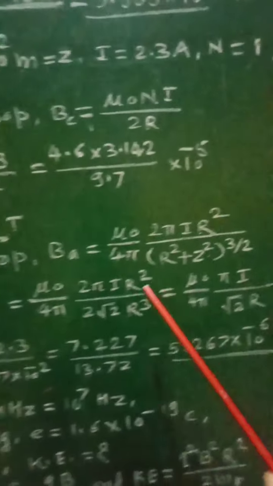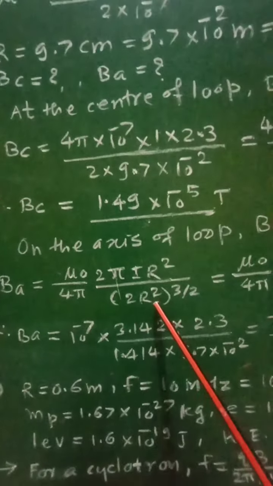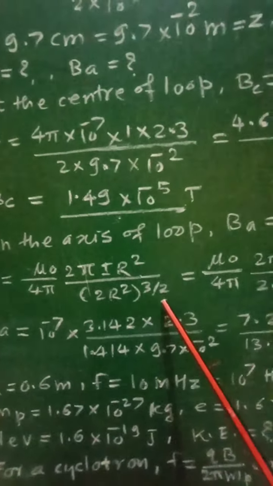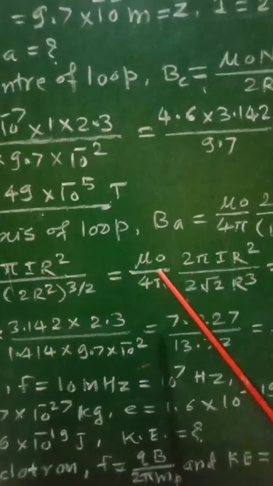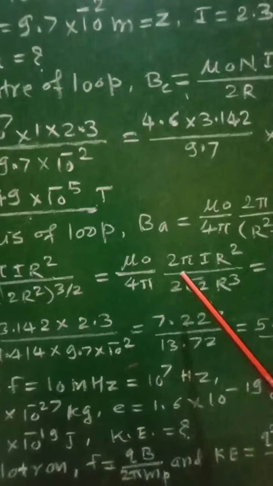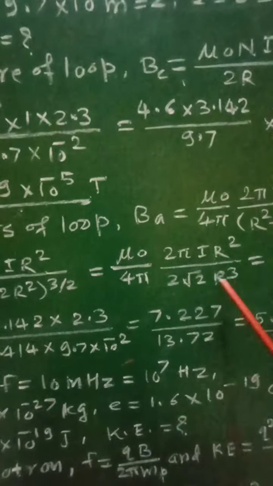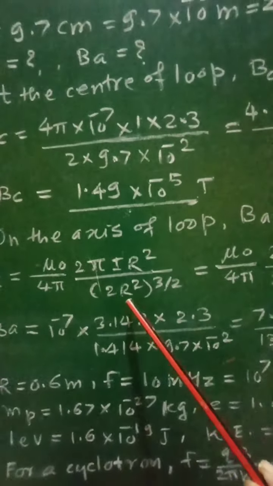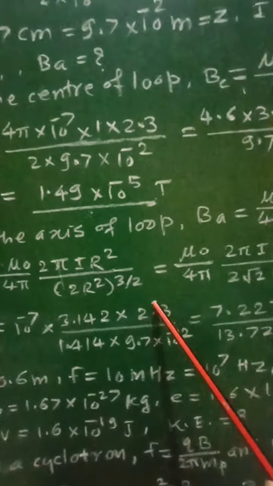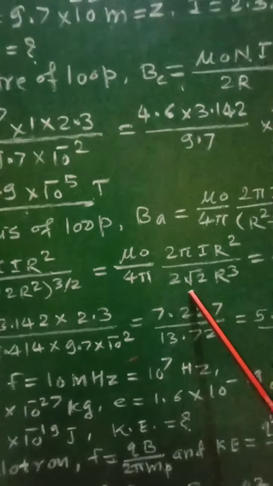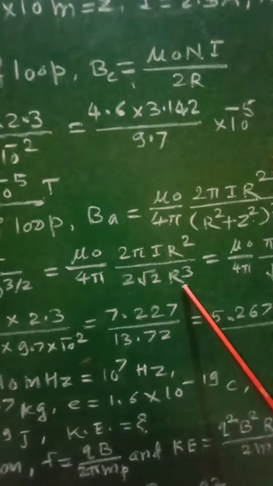So 2 r square raised to 3 by 2 will be equal to 2 root 2 r cube.